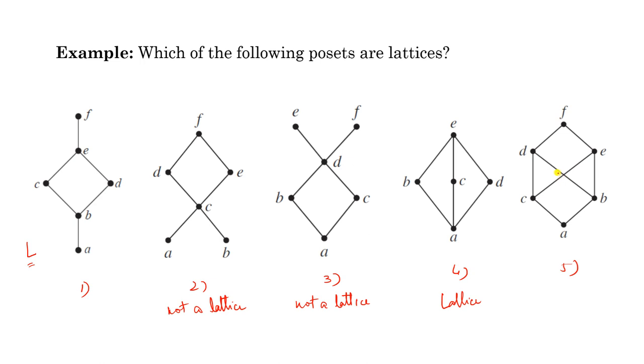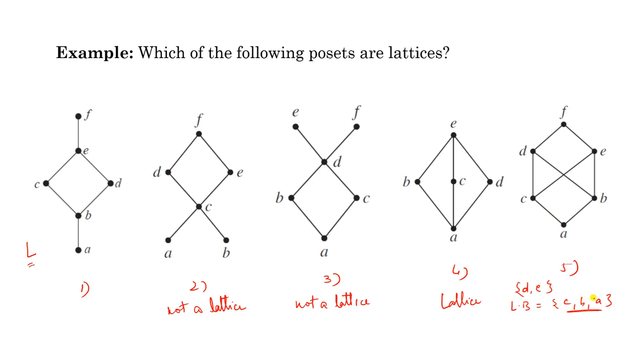Now consider this one. Though this is not open-ended, we can still check for these elements DE and CD. If you consider the set DE, the lower bounds are C, B and A. But look at this: if you consider C, A, B, no element is the greatest element of this set.